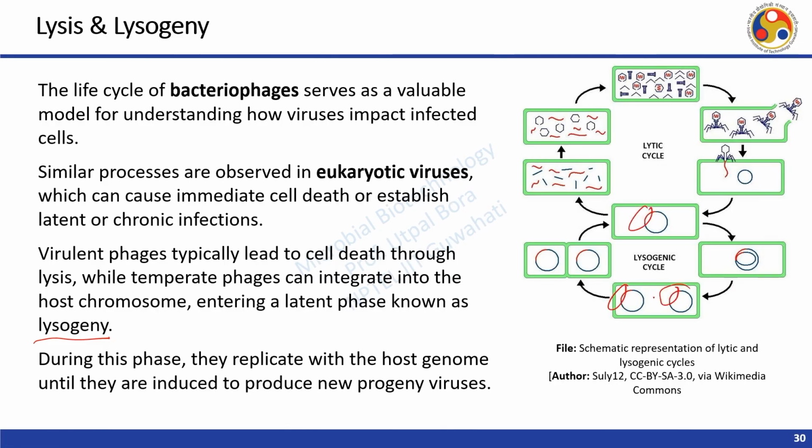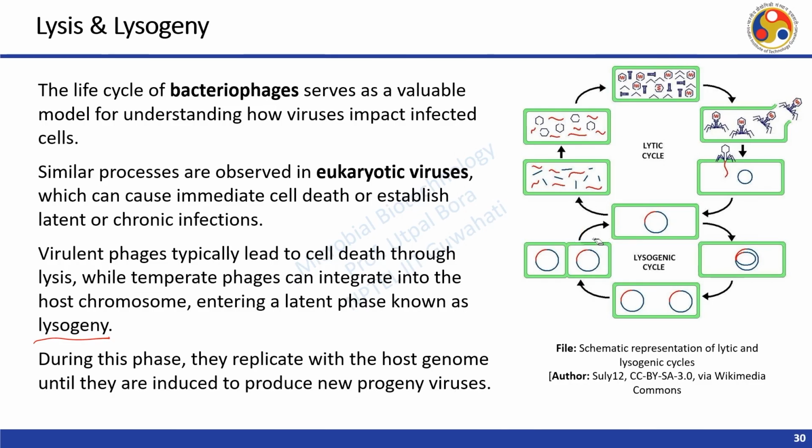So, from one copy it becomes two copies along with the two host daughter molecules, and then as the cell divides to distribute the genetic material, both the daughter cells will have a copy each of the viral genome along with its own host genome.